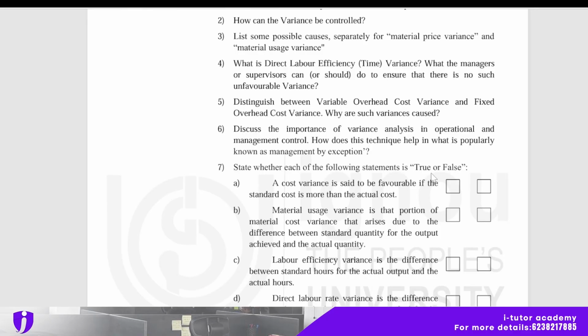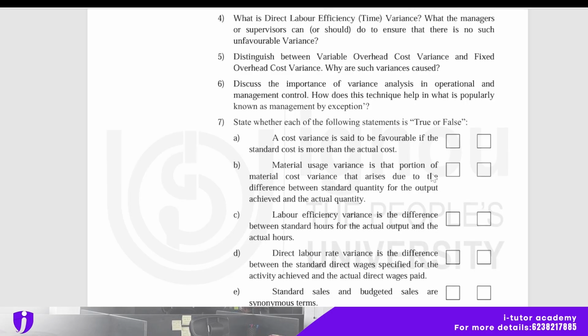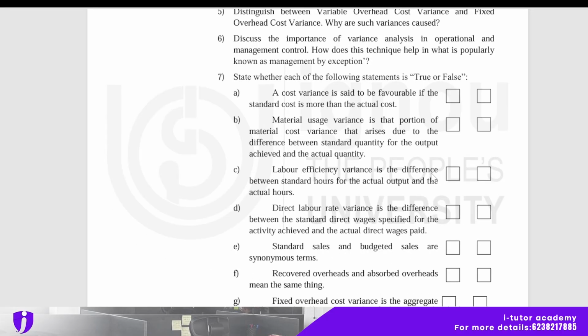What can or should the managers or supervisors do to ensure that there is no such unfavorable variance? And distinguish between variable overhead cost variance and fixed overhead cost variance. Why are such variances caused? Discuss the importance of variance analysis in operational and management control. How does this technique help in what is popularly known as management by exception?